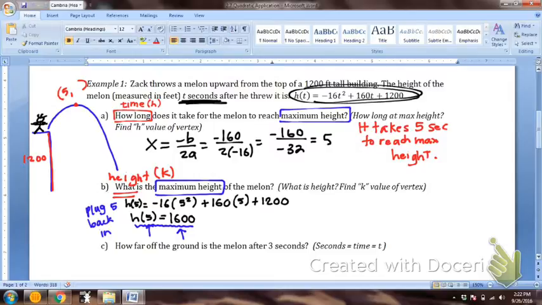So how are we going to answer our question? What, Quentin? Okay, what's it going to be? Excellent. The max height of the melon is 1,600 feet.